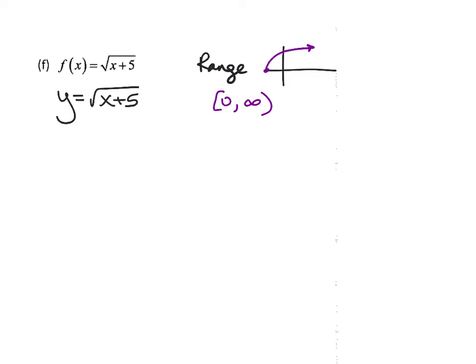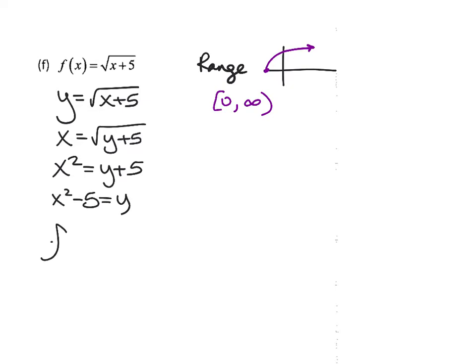So we're going to have x's and y's. They're going to switch the position of x's and y's. We're going to square both sides. And we're going to subtract 5 from both sides to solve for y. So my inverse function is x squared minus 5.